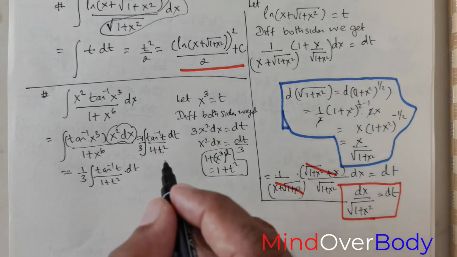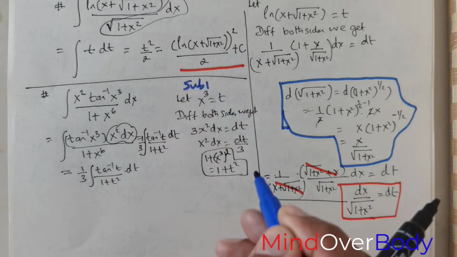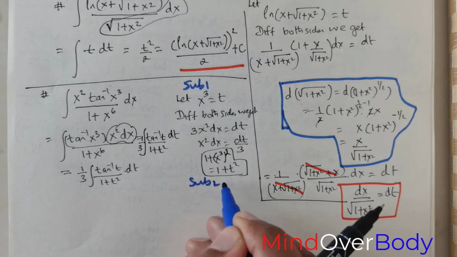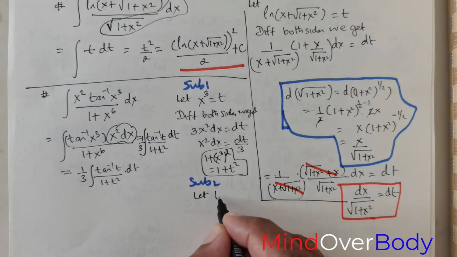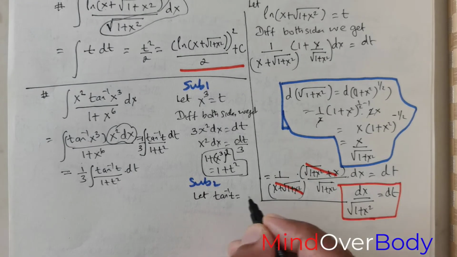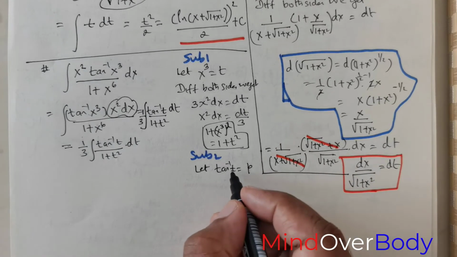Now this is the first substitution. Now I need to start the second substitution. Let tan inverse of t be equal to p, and I differentiate.